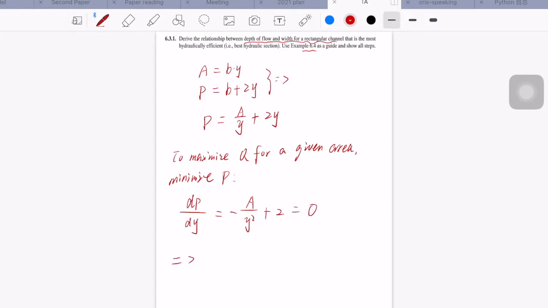And we can get that A over Y squared equals 2.